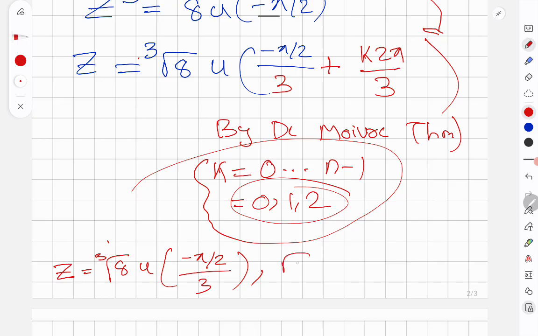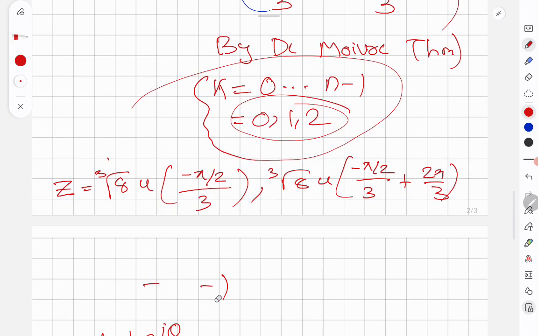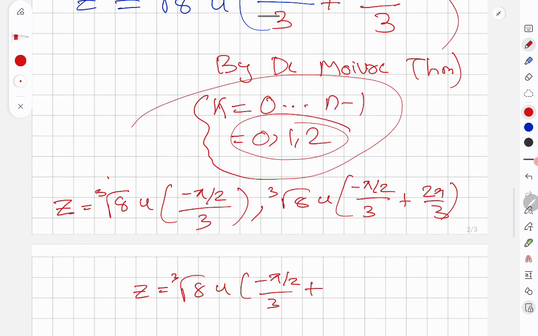The other solution is cube root of 8 u, pi by 2 upon 3 plus 2 pi by 3, is the second solution. And the third solution is cube root of 8 u, pi by 2 upon 3 plus, if you take k value 2, 4 pi by 3.